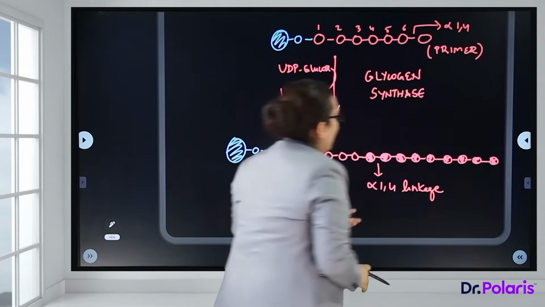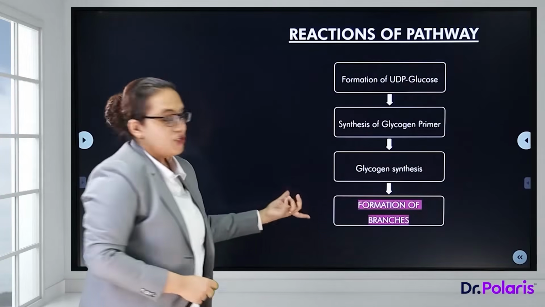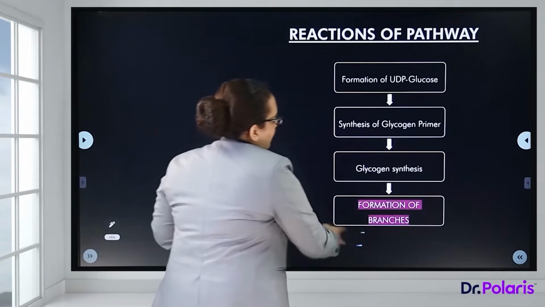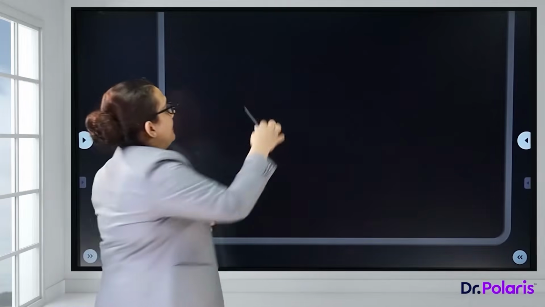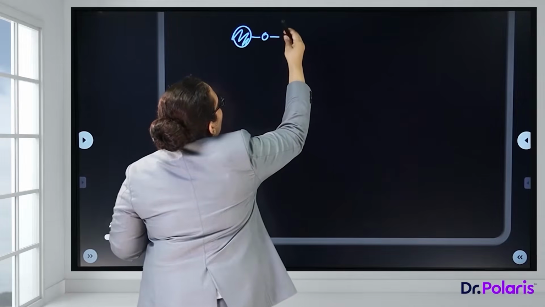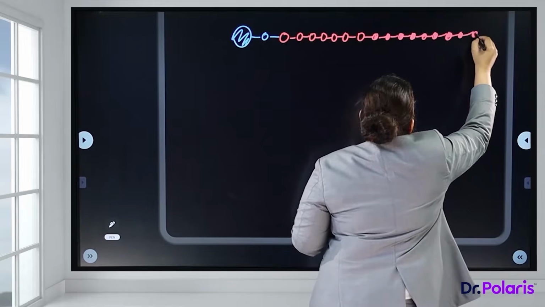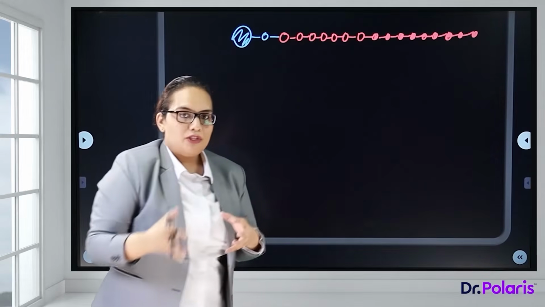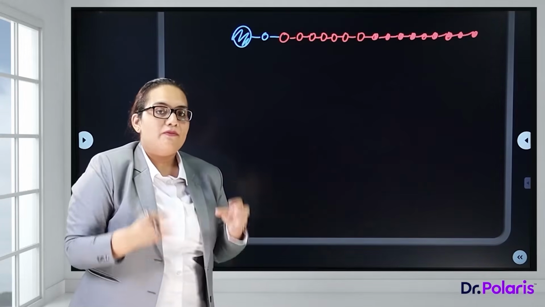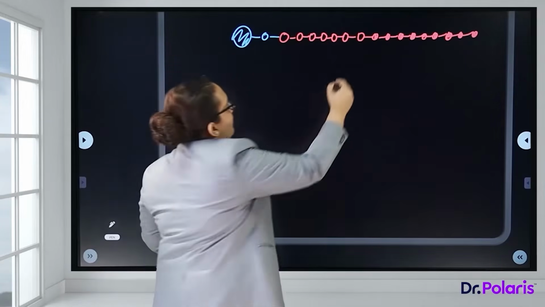Now let's have a look at how the branch point is formed. So that's the next step, formation of branches. So in the earlier step you have seen there was a straight chain like this. Now the next enzyme comes into play. The next enzyme which is involved in adding the branch is known as a branching enzyme.